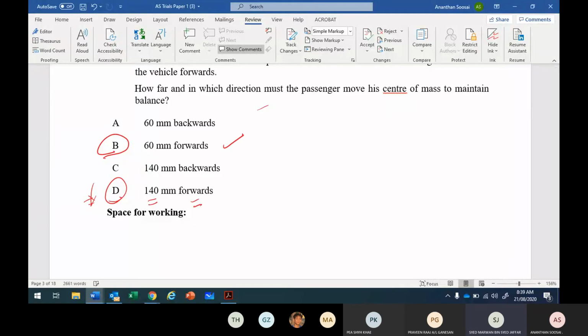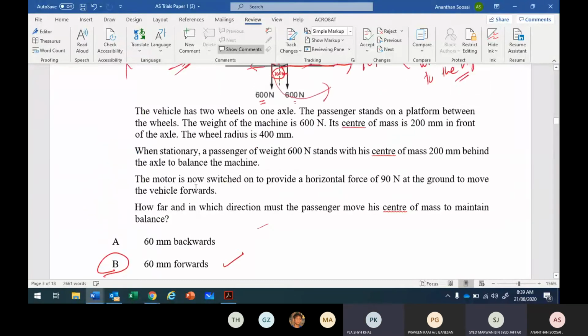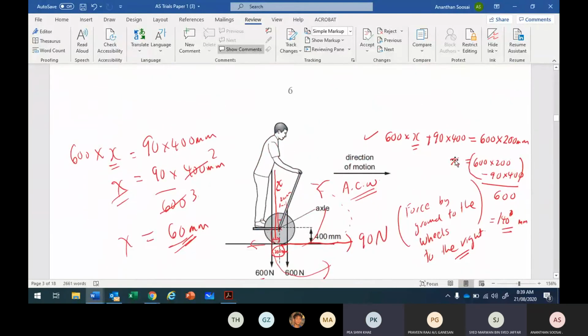You understand? Teacher, what is the moment by the ground anti-clockwise?